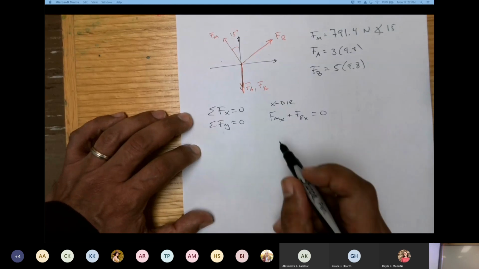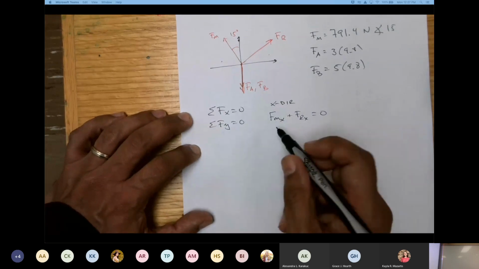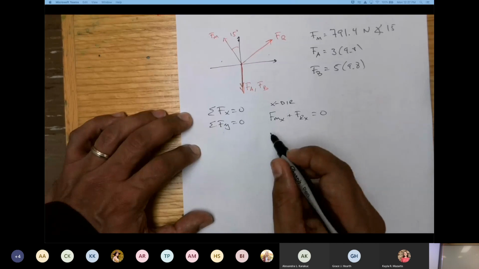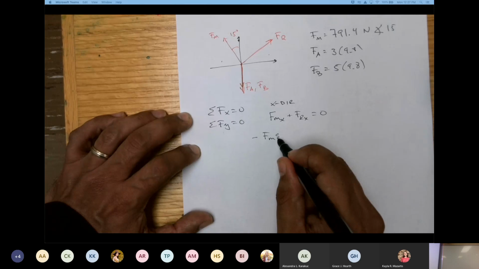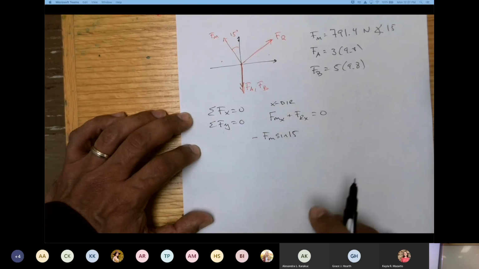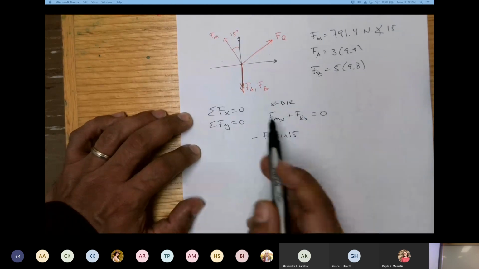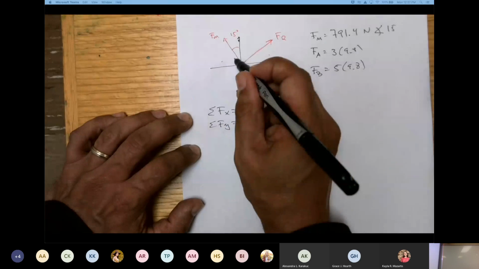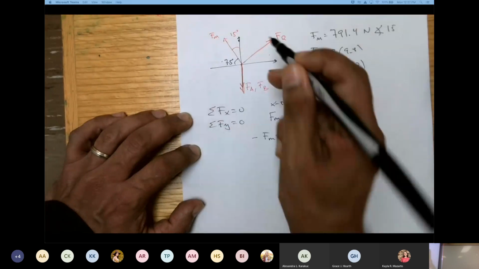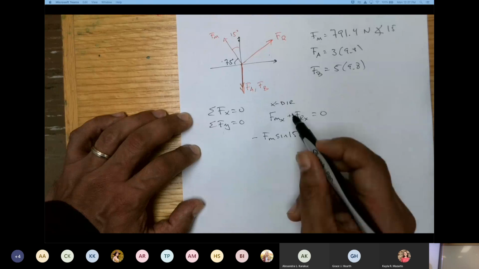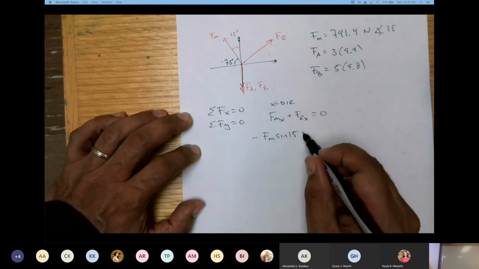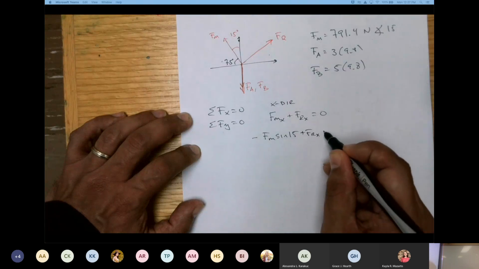The x component of the muscle is going to be negative Fm sine of 15. Again, it can be sine of 15, or you can use cosine of 75, whatever angle you prefer to work with. And the x component of the reaction force, I have no idea, so I just solve for that one.